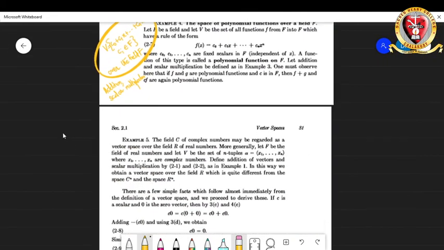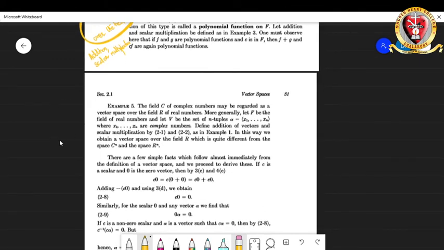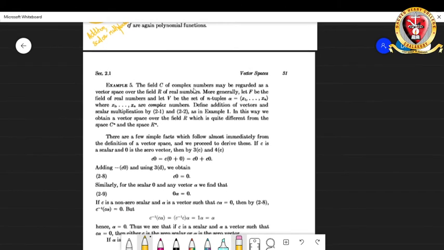And let's see example 5, which is the field C of complex numbers, which can be verified over the space R. That means if V is equal to C over the field R, with the normal addition and multiplication.